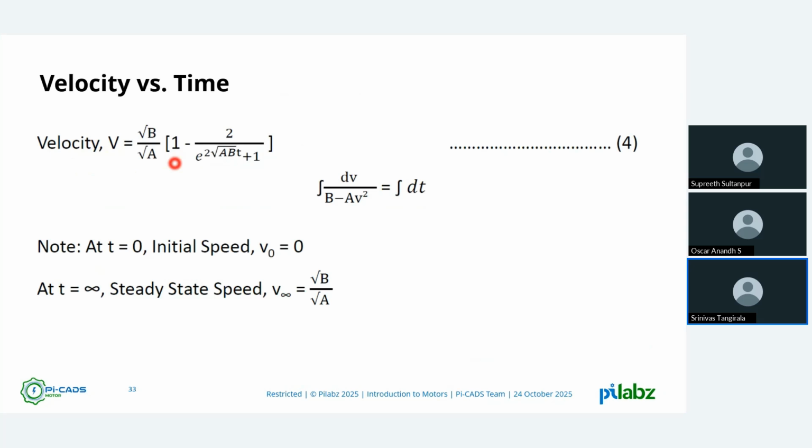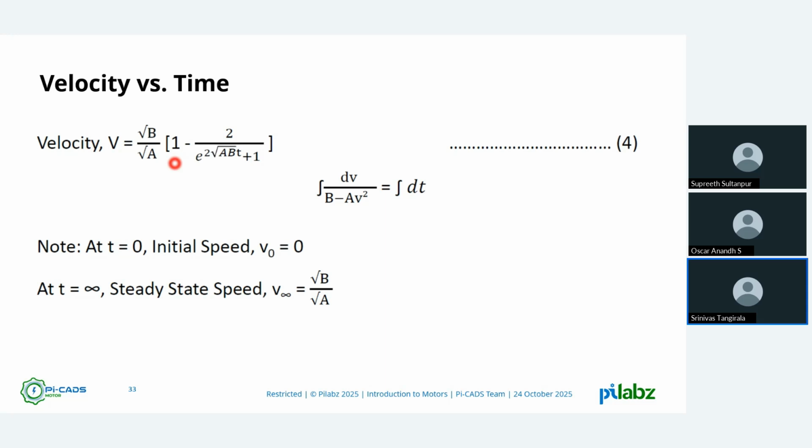So from this force, we arrive at the velocity versus time, and by integrating, because it's a differential equation, to solve for V you have to integrate. If you integrate, you end up with V is equal to root B by root A into 1 minus 2 by (e power 2 square root of ABt plus 1).